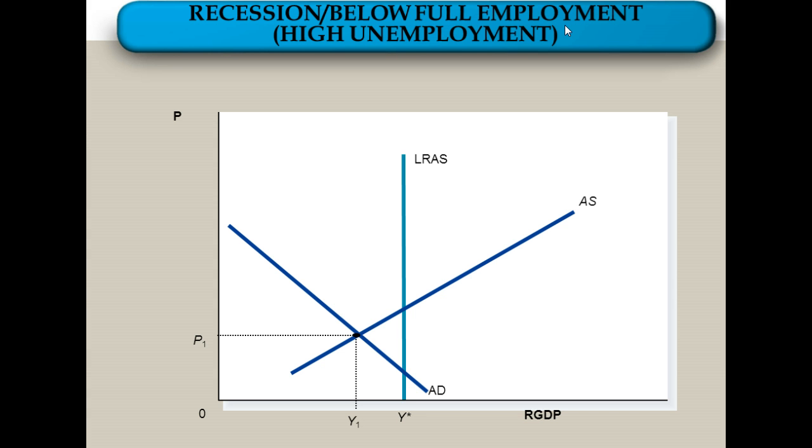And again, in this case, you'll notice it's below full employment. And as we learned in our last lesson, when GDP decreases, unemployment is increasing. And as I noted at the top of the screen, high unemployment is the problem that we're facing in a recession. What causes all this to happen? Aggregate demand being too low for some reason. This is called a recession.